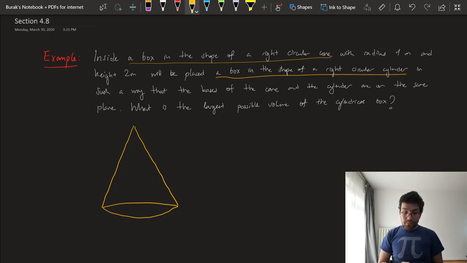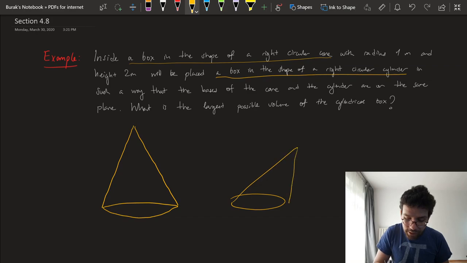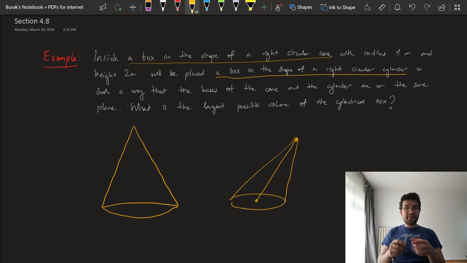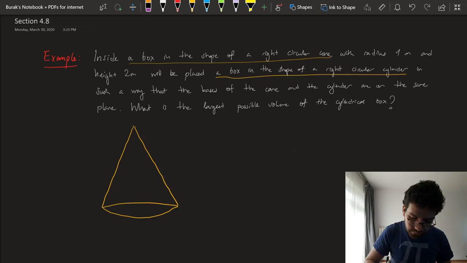A circular cone means that the base is a circle. Right means that it doesn't look like this. When you connect this tip to the center of this circle, which is the base, this is supposed to be a right angle. That's what it means for a cone to be a right cone. Okay. So we have such a cone.